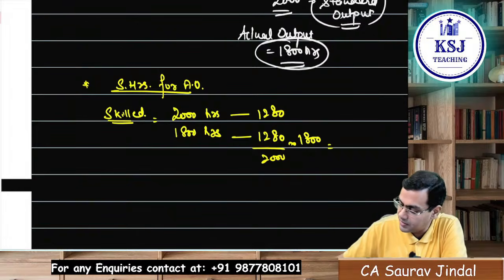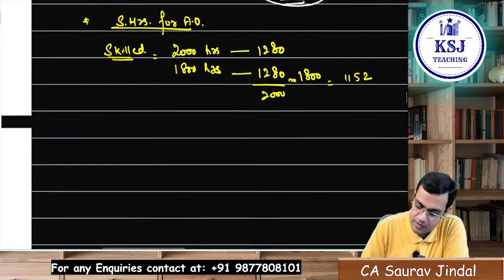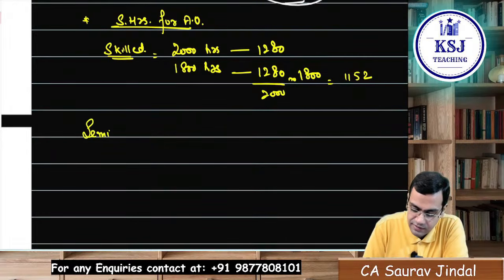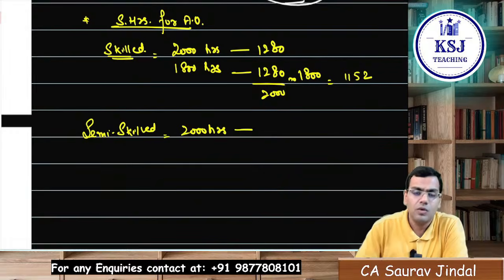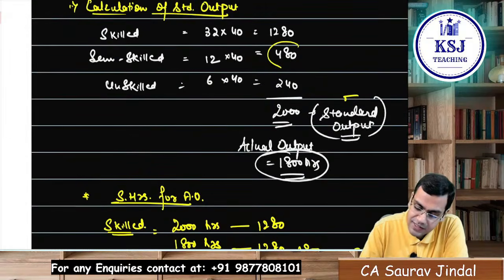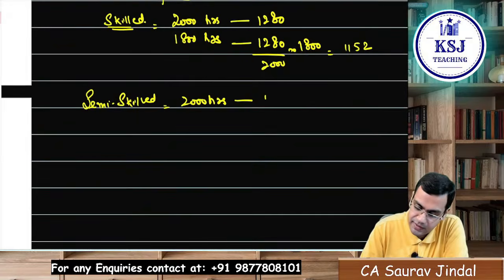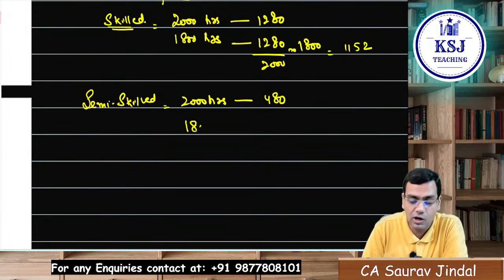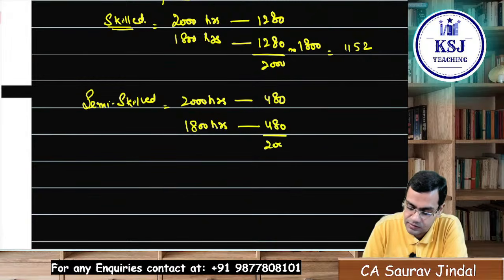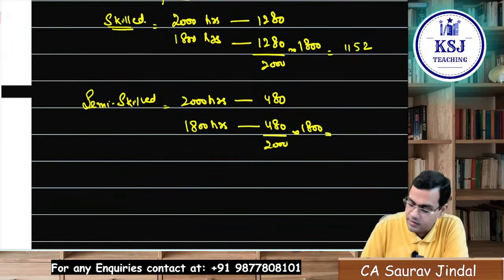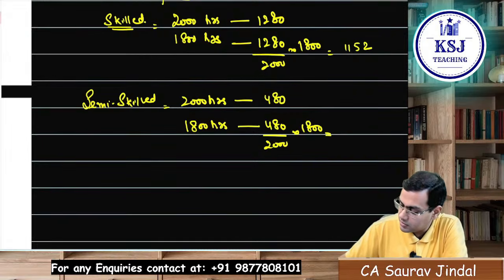So 1280 divided by 2000 into 1800, that comes to 1152. Similarly, for semi-skilled worker, for a standard output of 2000 hours, what is the number of standard hours? That is 480. For actual output of 1800 hours, what will be the standard hours? This will give us the standard hours for actual output, 432.